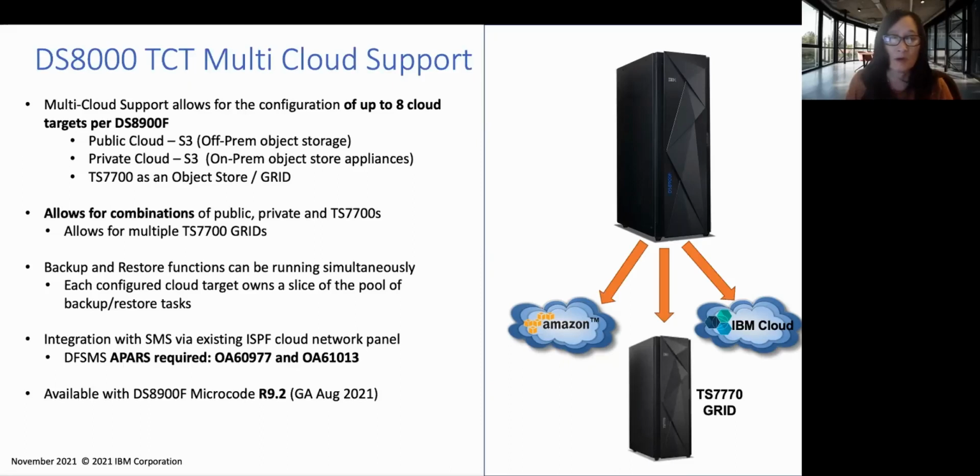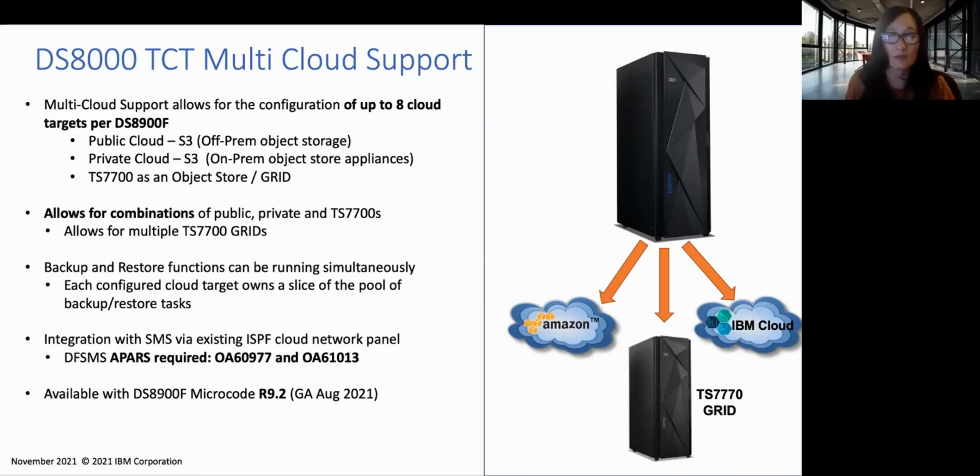With the August release of 9.2, they can now support up to 8 simultaneous targets. So you could target one construct to a TS7700 grid, another one to an IBM Cloud Object Store, a third one to an Amazon S3, or you can configure all 8 of them to one or the other using different containers.